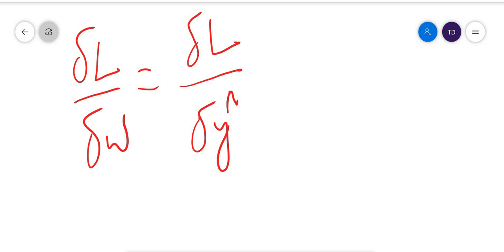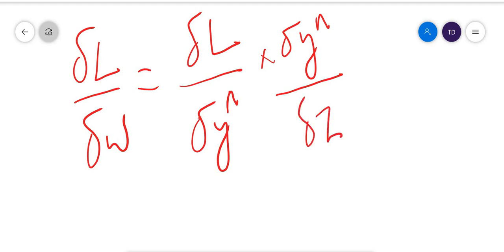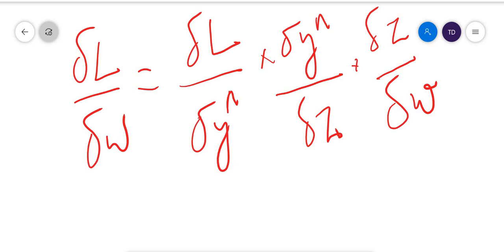Y cap depends on the weighted sum, dou z. And dou z depends on the weights, dou W. So I can write the chain rule like this.